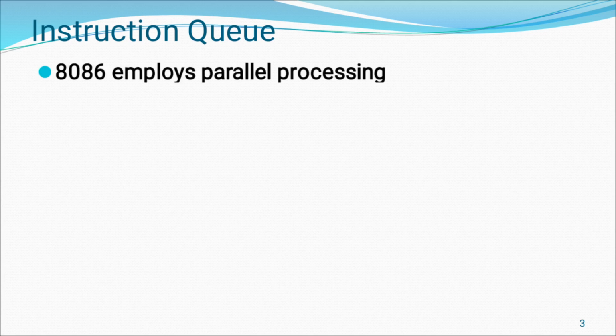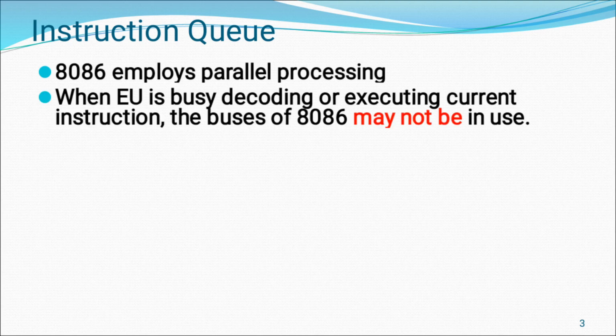First, instruction queue. We know that 8086 employs parallel processing. What do you mean by parallel processing? It means that when the execution unit is busy decoding or executing the current instruction, the buses of 8086 may not be in use.